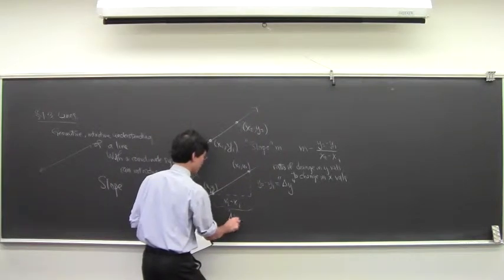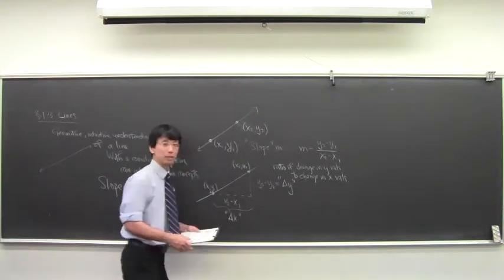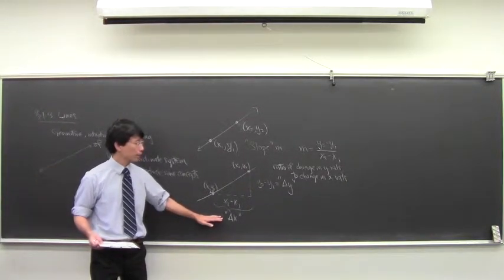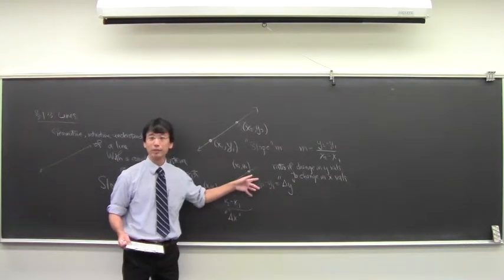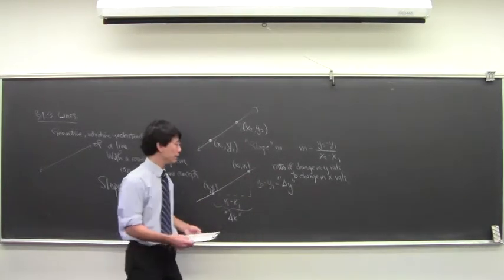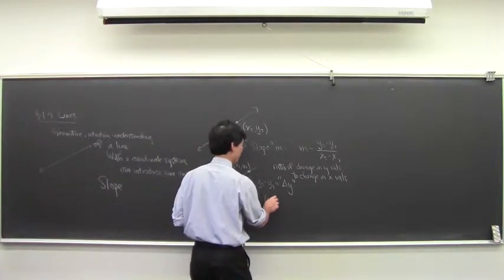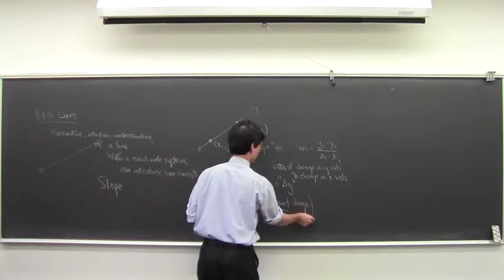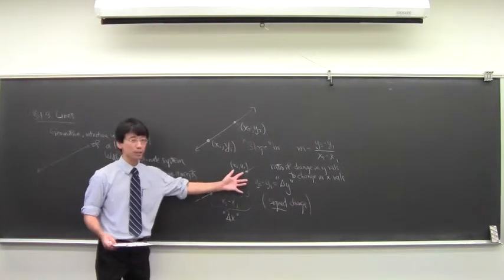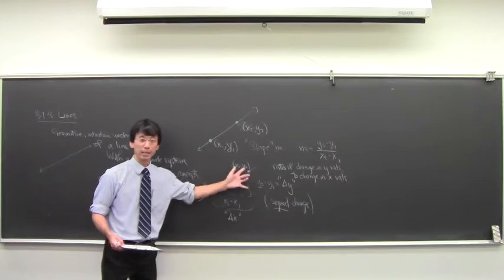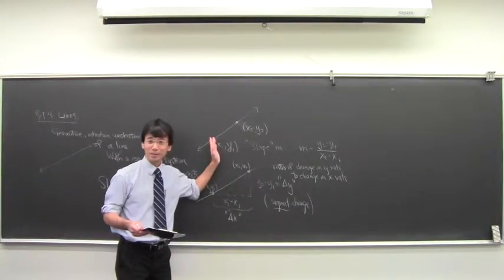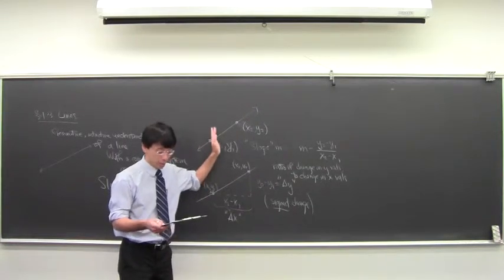That's the change in the x. Delta x, the change in x. Okay. And notice that these numbers could be positive or negative. It's a signed change. It's not just this length here, but it's a signed length. Okay, so that's what people call the slope.